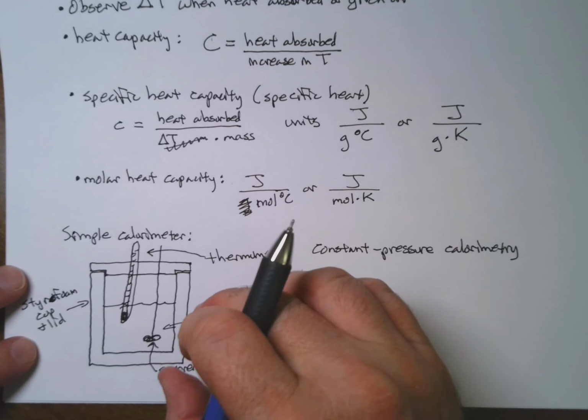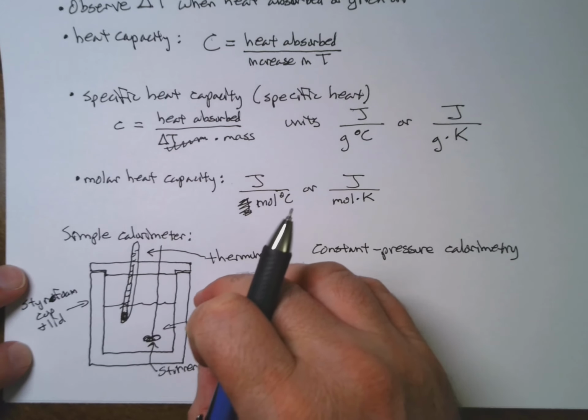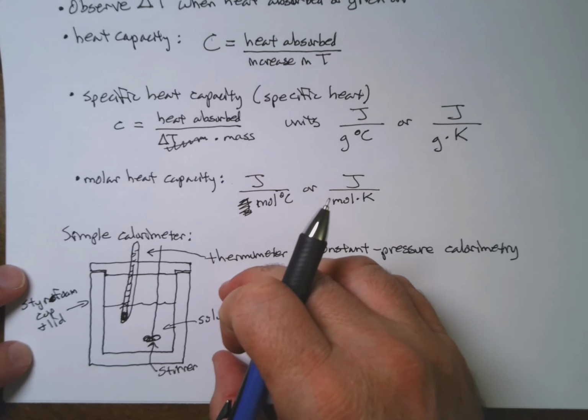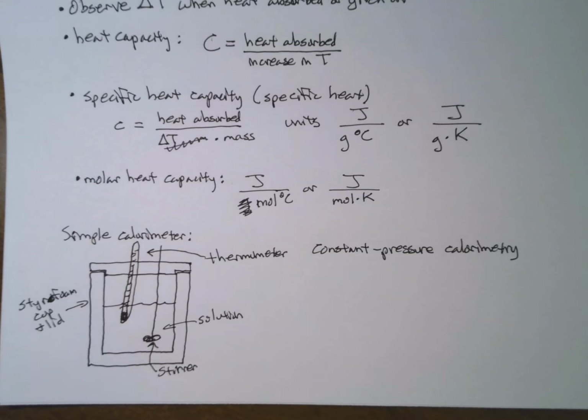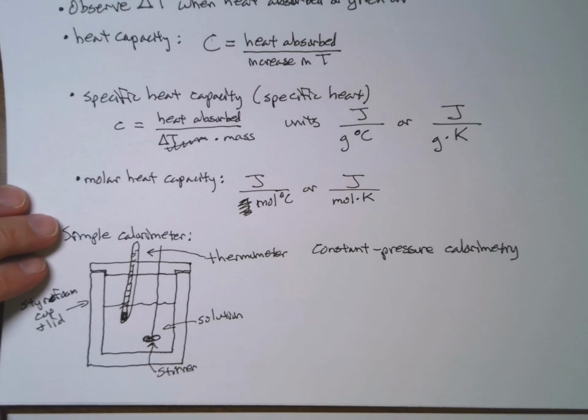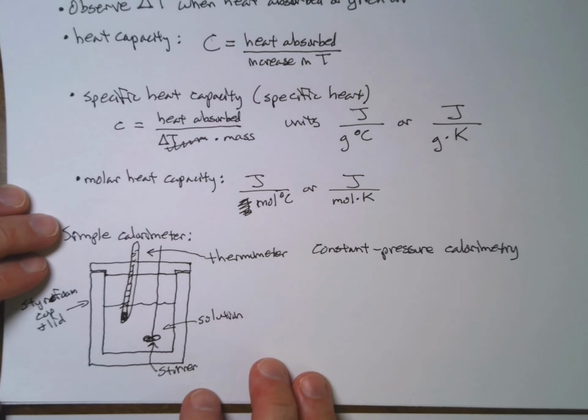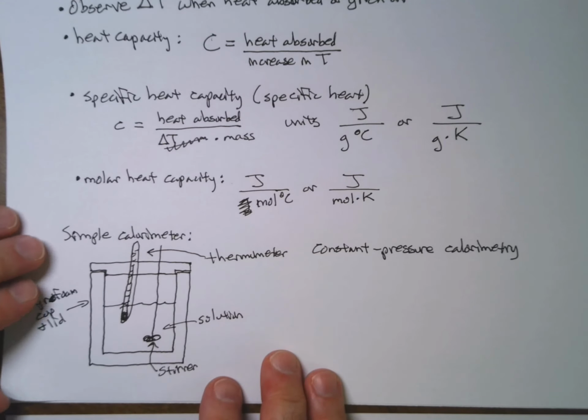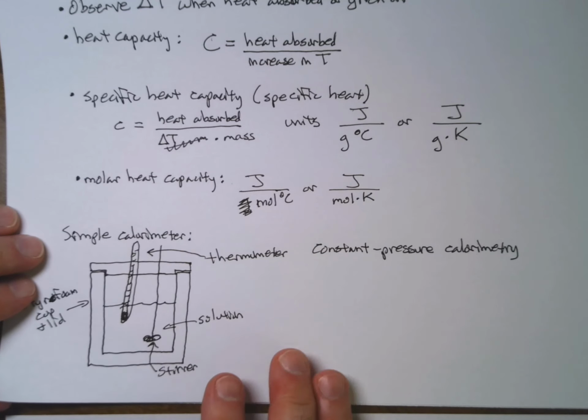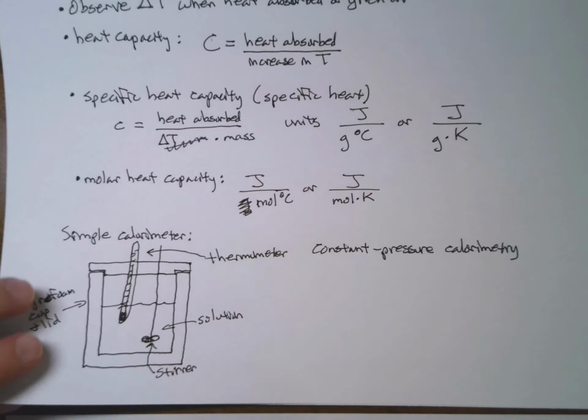But this simple styrofoam cup calorimeter is useful for measuring heat released for a variety of processes. It could be measuring the heat capacity or the specific heat of a metal. It could be measuring the heat of a reaction or the heat of mixing.